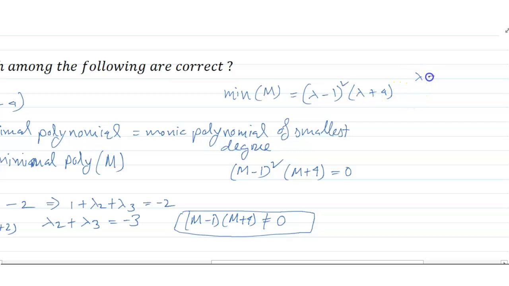You can put M in here. However, this is not a linear factor.